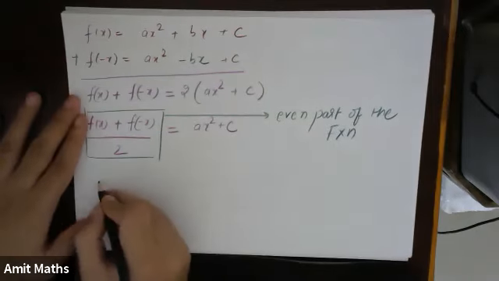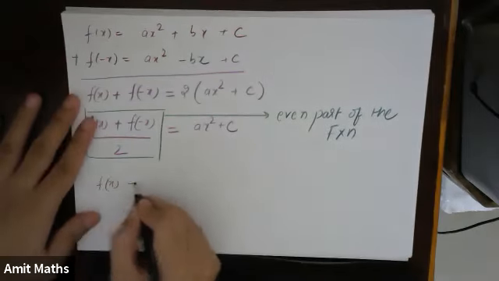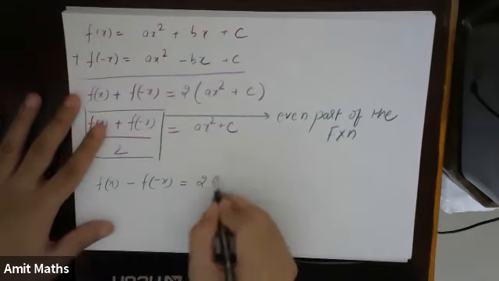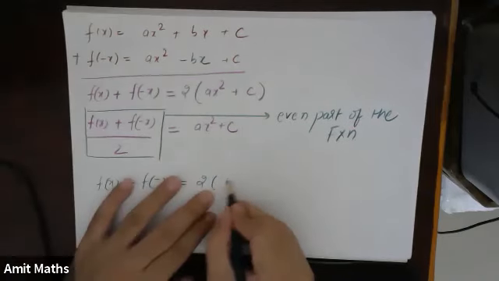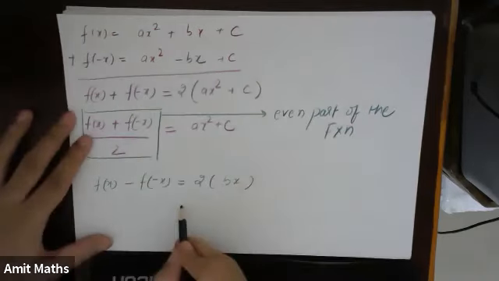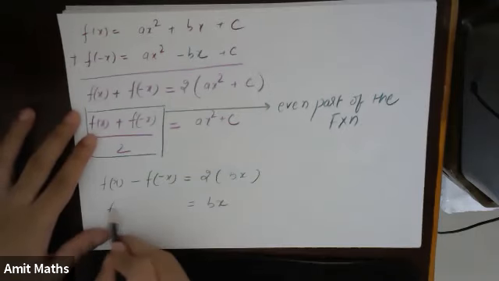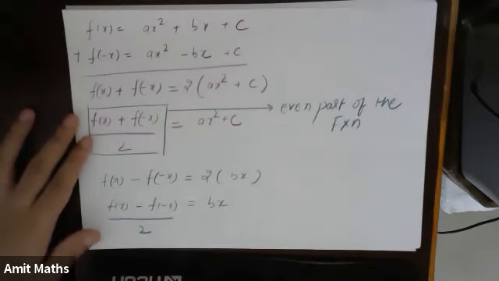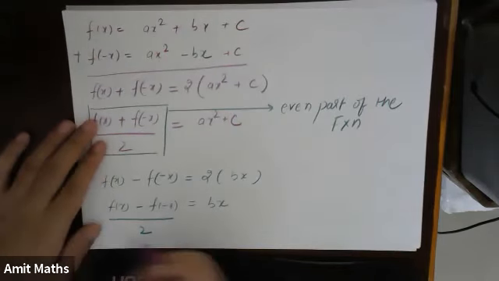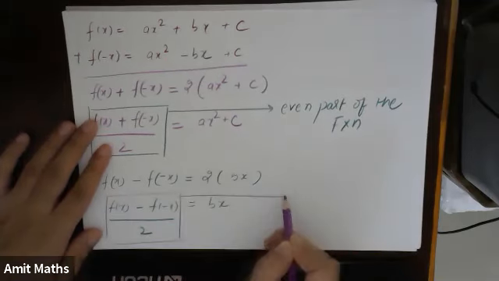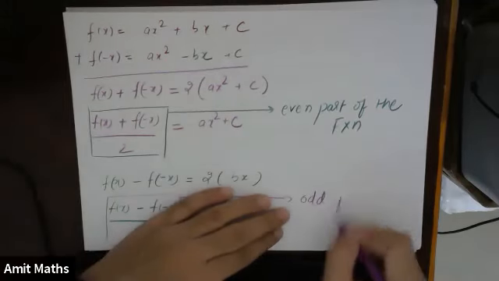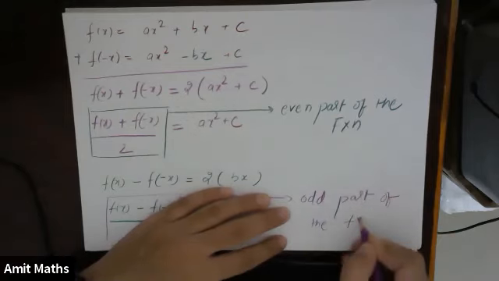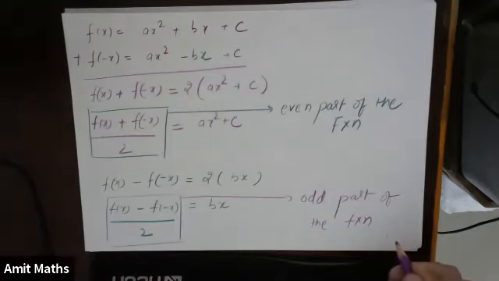So f of x minus f of minus x will give you twice of bx. So bx will be equal to f of x minus f of minus x by 2. Understood? And this gives you the odd part of the function.